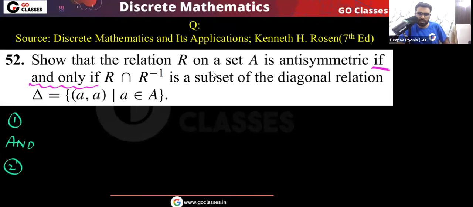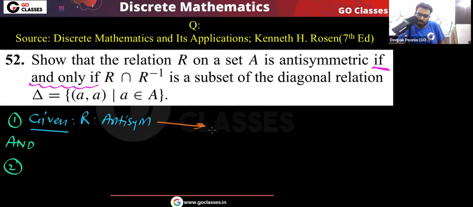What is the first statement that we need to prove? The first statement we need to prove is: given R is antisymmetric, where A is the base set and R is the relation, what we need to prove?